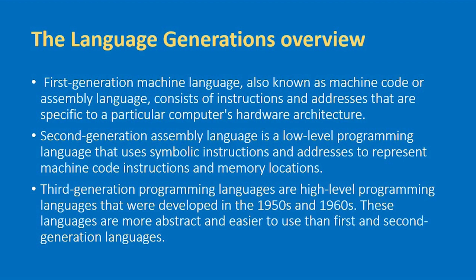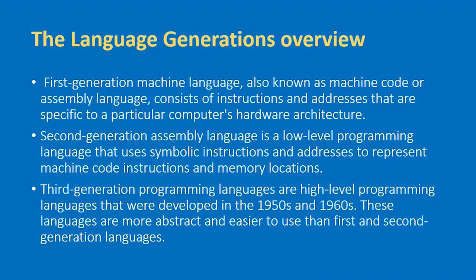The second generation, assembly language, is a low-level programming language that uses symbolic instructions and addresses to represent machine code instructions and memory locations. In this second generation, the language was more human readable and easier to understand and maintain compared to the first generation.